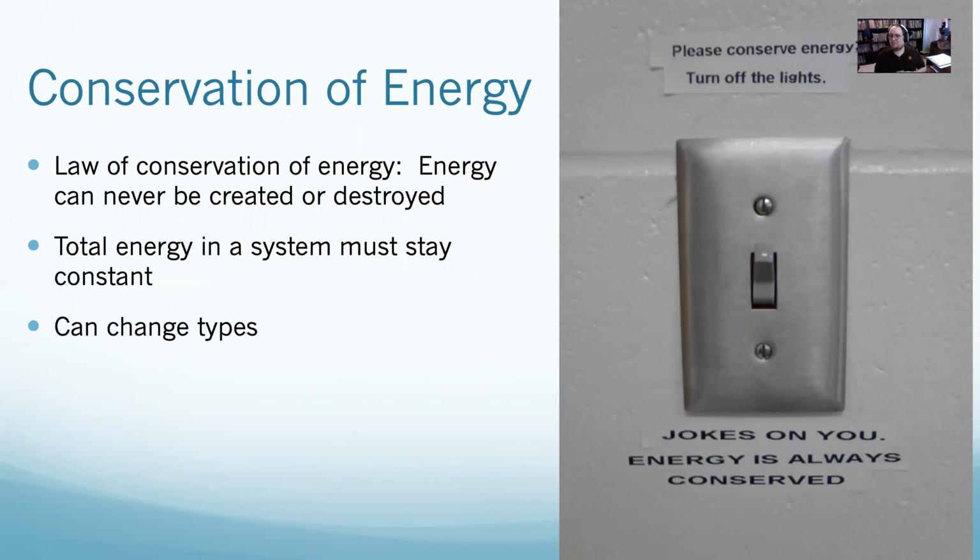You can turn kinetic energy into thermal energy, or you can change mechanical energy into electrical energy. That's what a generator is. Well, it depends on the type of generator. Sometimes it's changing chemical into electrical. Energy is never created or destroyed.